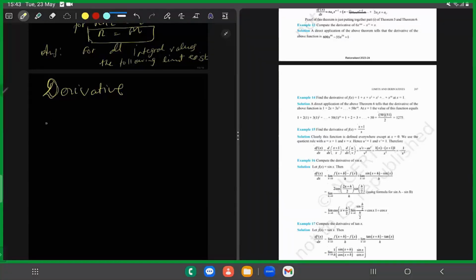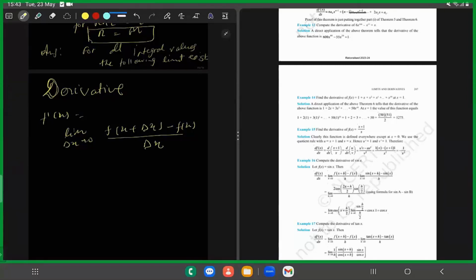So we found that f dash x is nothing but limit delta x tending to 0 of f of x plus delta x minus f of x, by delta x. So we had derived this formula as well by using the concept of slope.